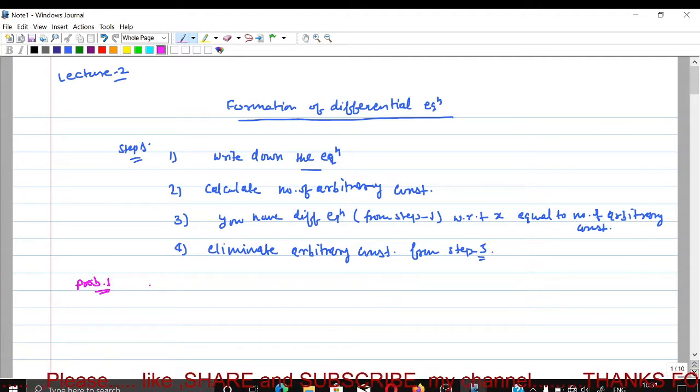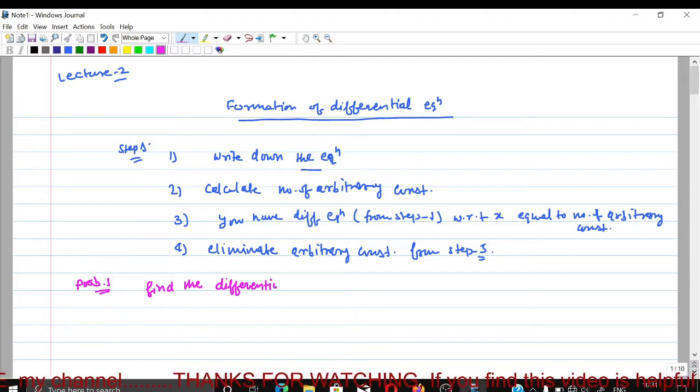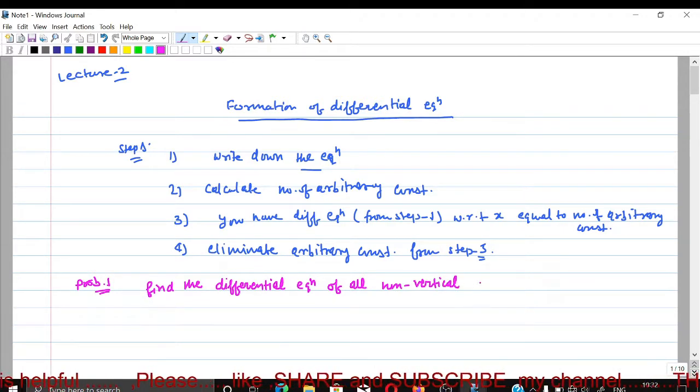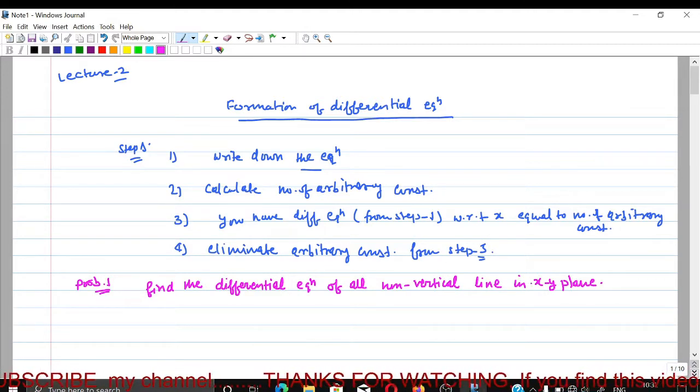Our first problem I am taking: find the differential equation of all non-vertical lines in the xy plane.